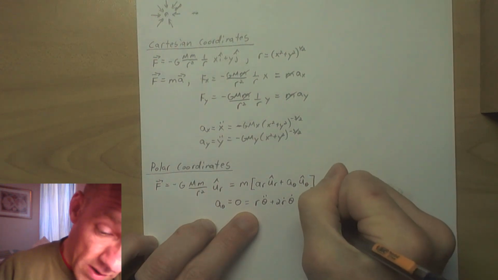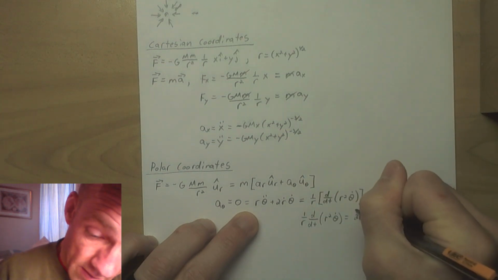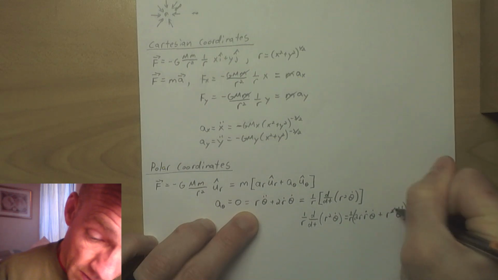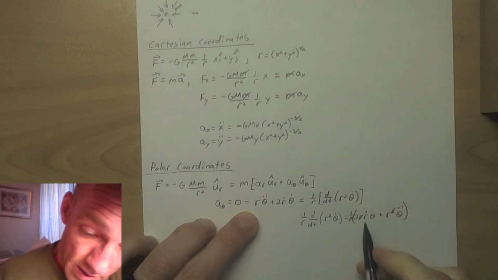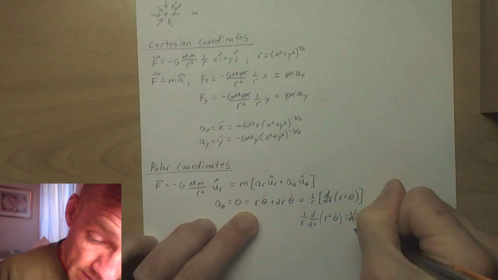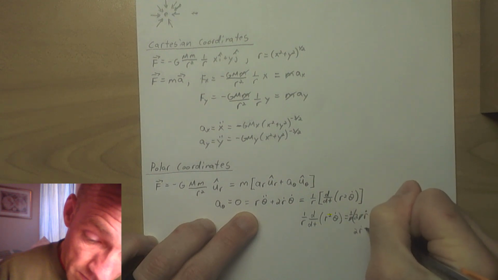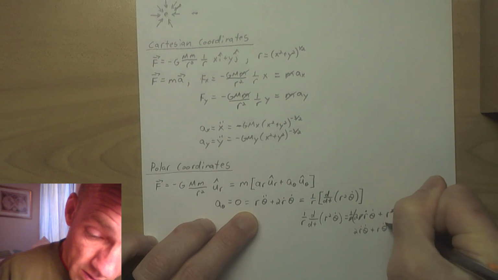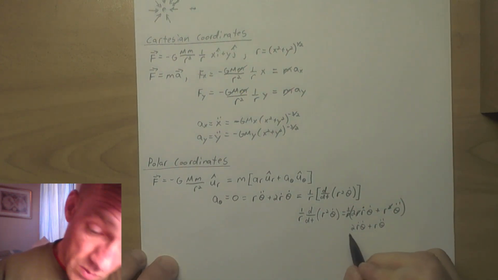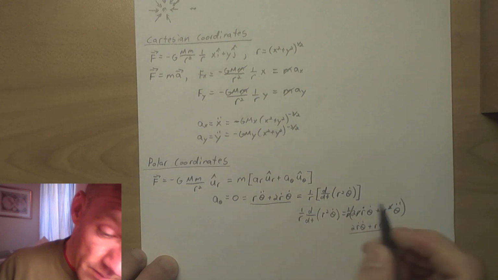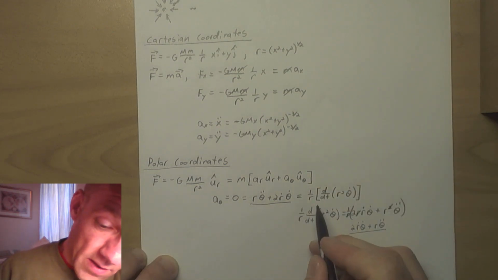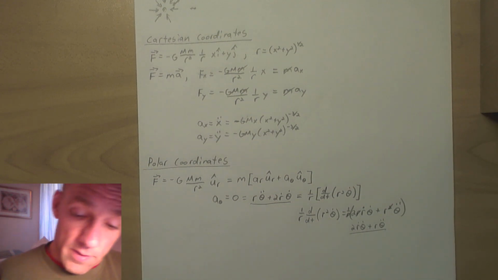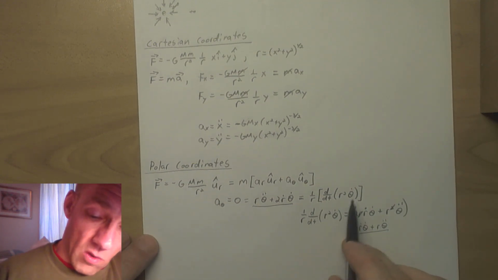So if I divide by r, I get this whole thing divided by r, and that cancels with that, and I get 2r dot theta dot plus r theta double dot, which is exactly what I have here. So I rewrite a theta in this way. So this can always be done, it's just particularly useful here.